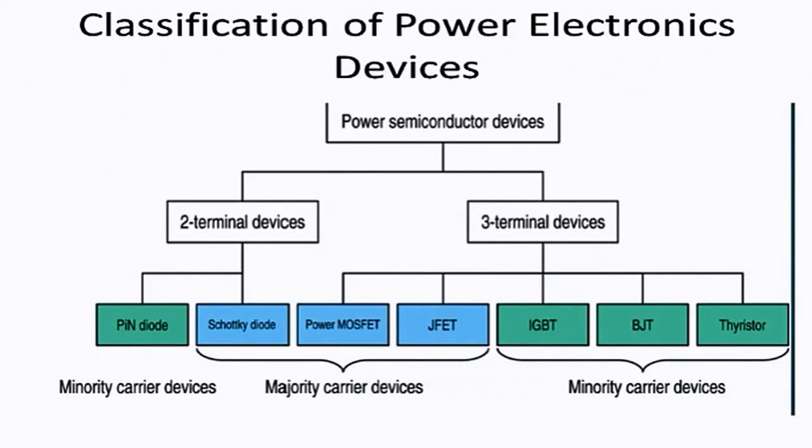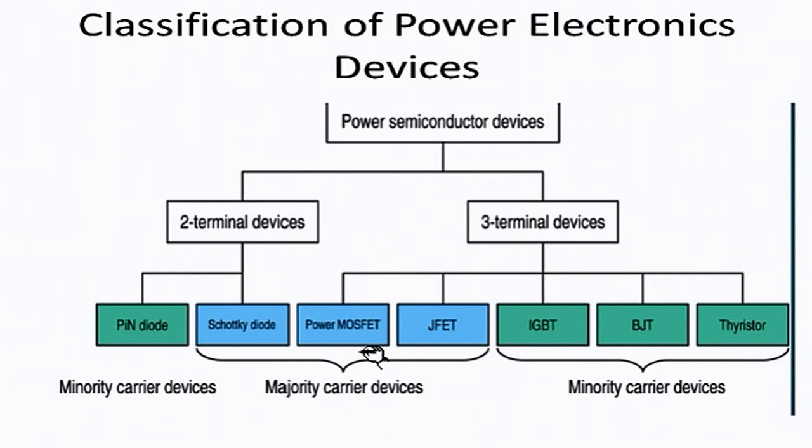Next, the classification of power electronic devices. First, based upon the number of terminals available, they are classified into two types: 2-terminal devices and 3-terminal devices. 2-terminal devices have two terminals, for example PIN diode and Schottky diode, which have one anode and one cathode. 3-terminal devices are power MOSFET, JFET, IGBT, BJT and thyristor.